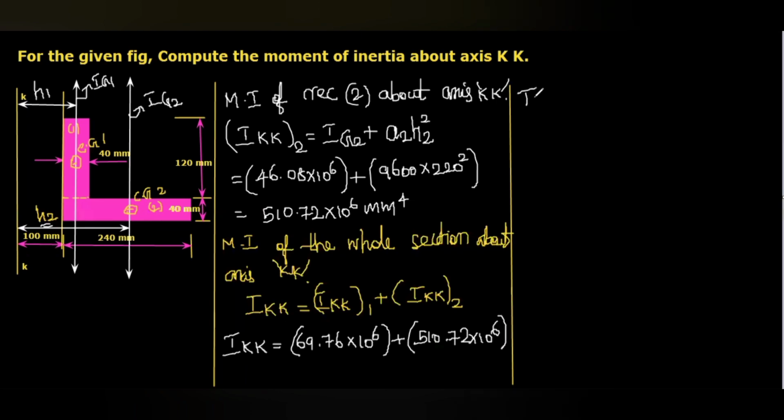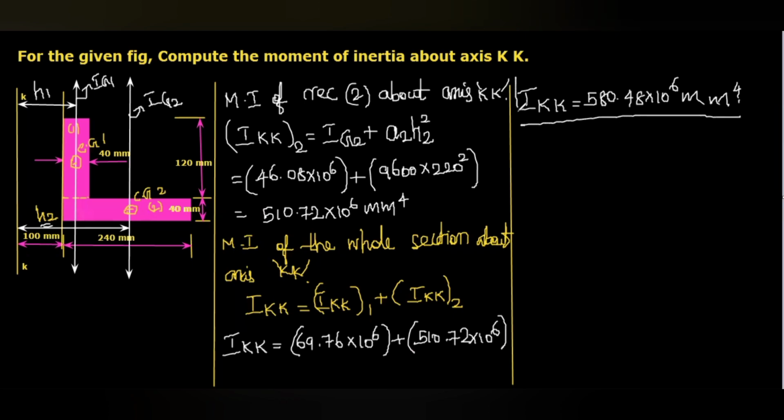When you add, we got the value of IKK as 580.48 multiplied with 10 power 6 mm power 4. So this is the final required value.